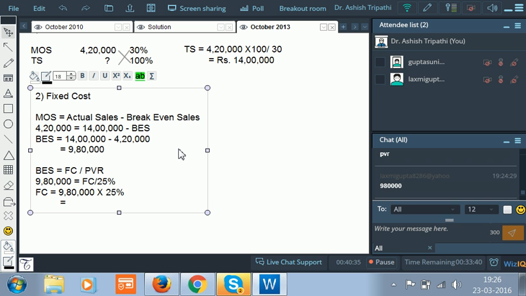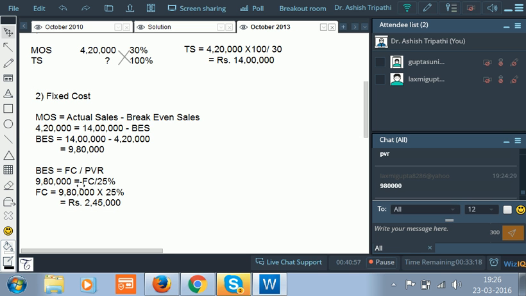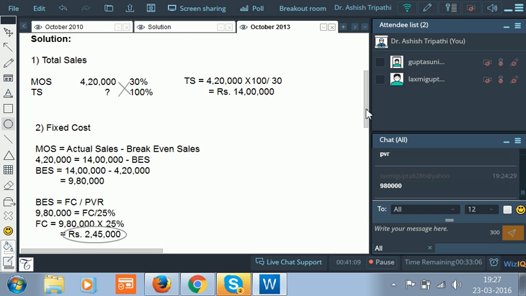So 9,80,000 into 25% will give you 2,45,000. So I hope you're getting this answer, 2,45,000. So this becomes our fixed cost. Now this is the exact answer of the second part, so we can circle this. 2,45,000 is our fixed cost.